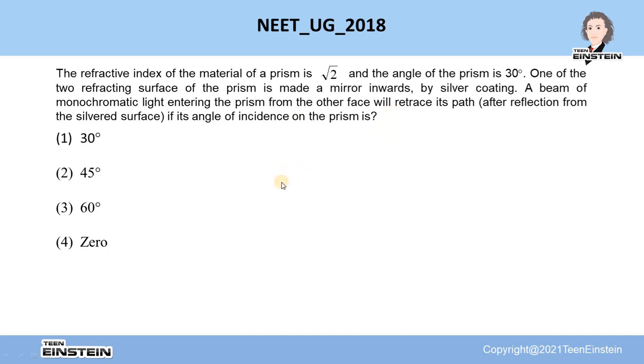Let me restate the problem from this figure. Suppose this is the given prism which has refractive index of the material to be √2 and angle of prism is 30 degree. Now this surface is silver coated to make it a mirror inward.